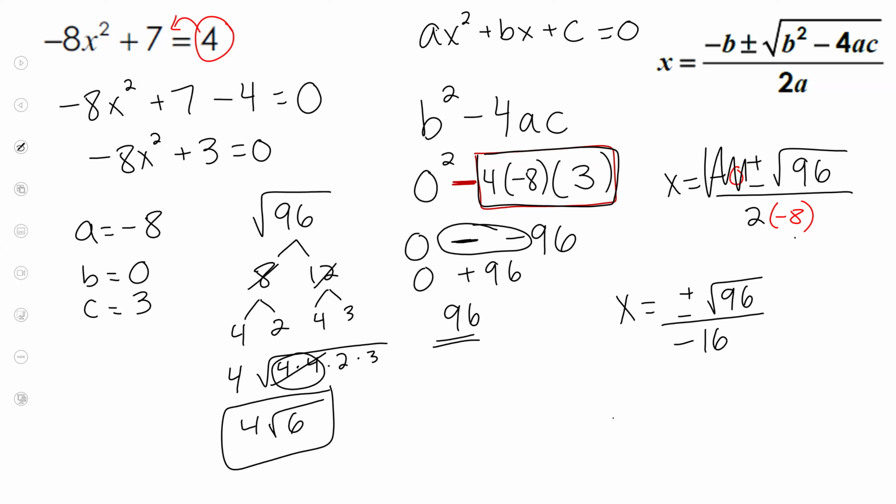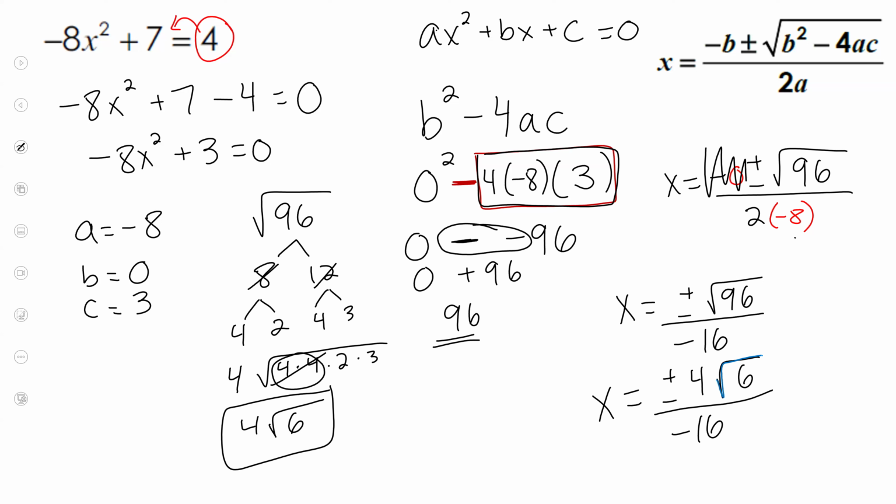So I'll have x equals plus or minus 4 square root of 6 divided by negative 16. Okay, what can I divide by, guys? Yep, let's divide by 4. Ignore the square root part. We cannot divide the inside of that, but let's divide the outside.